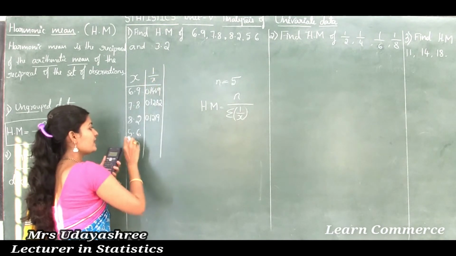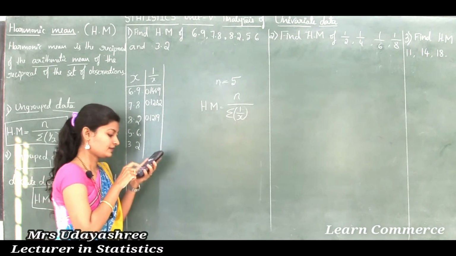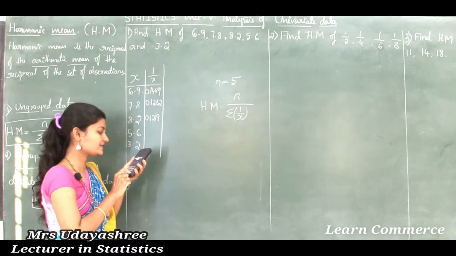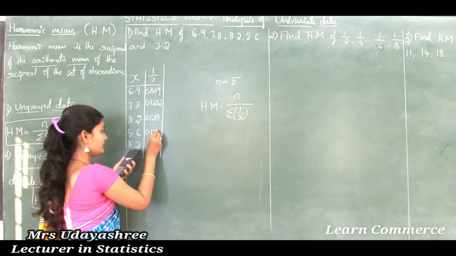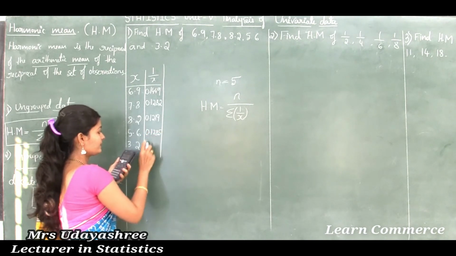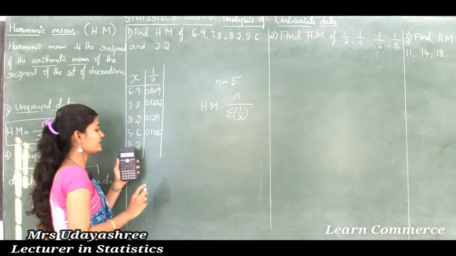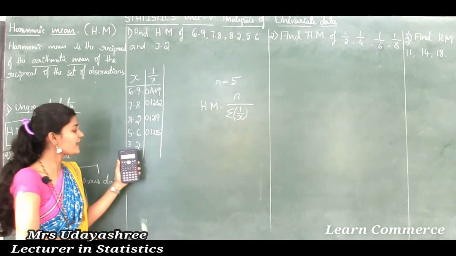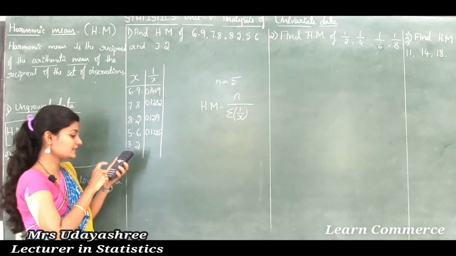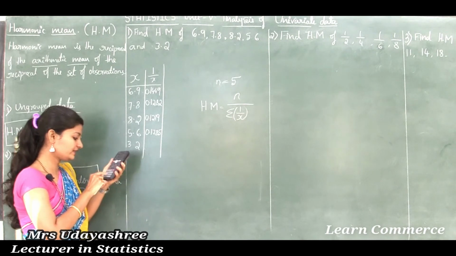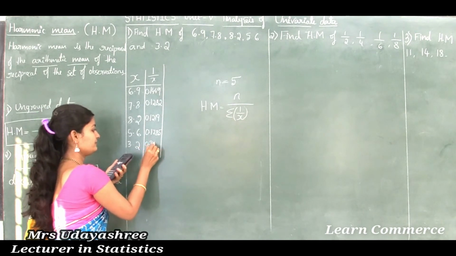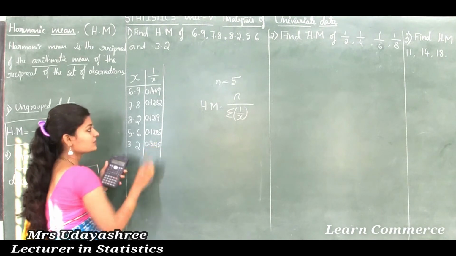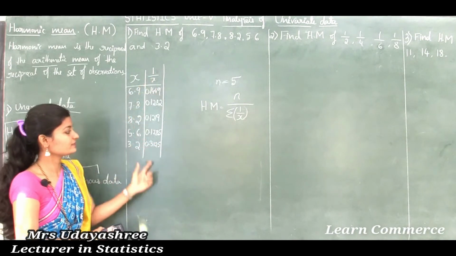Next, 1 divided by 5.6 is 0.1785. Next, 1 divided by x, where the value is 3.2, that is 1 divided by 3.2, the answer is 0.3125. So now we got 1 by x observations.